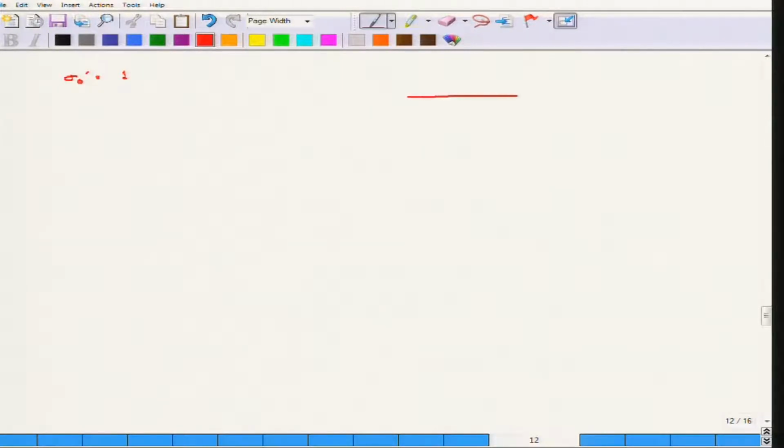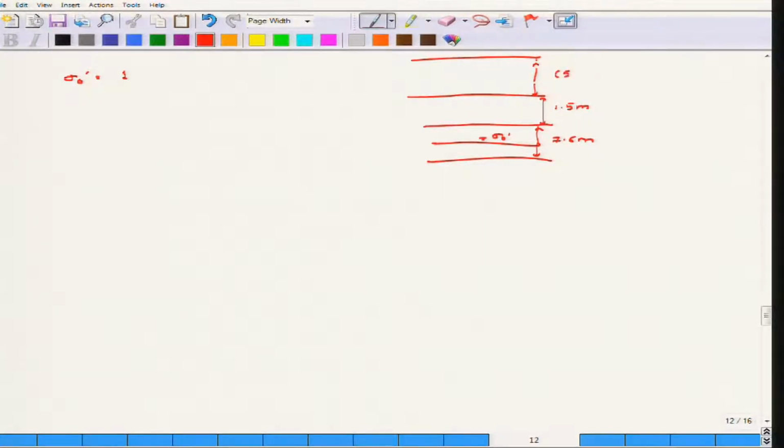The sand layer has a capillary zone height of 1.5 meter, then 7.6 meter, you have to find the height here, the mid height, what is sigma naught, and above it this length is 5.70 minus 1.5 meter.